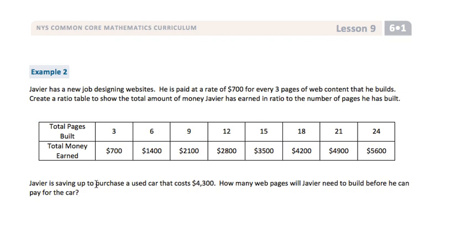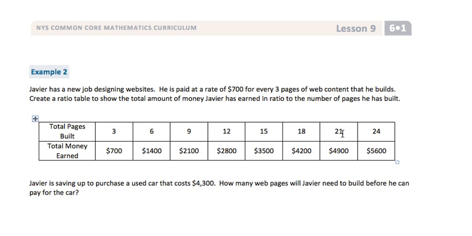If Javier is saving up to purchase a used car that costs $4,300, how many web pages will he need to build before he can pay for that car? According to our table, he would need to have built more than 18.